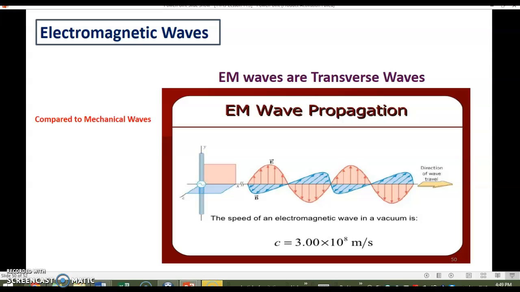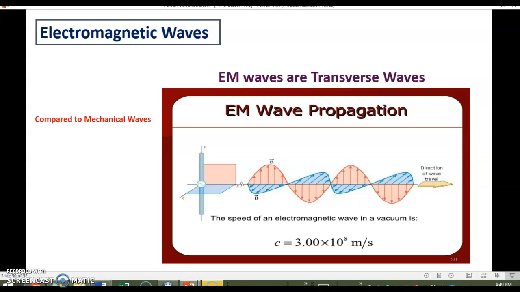Where did the magnetic field come from? Innate, a charged particle produces an electric field around it. But when this electric charged particle starts moving or vibrating, it also induces a magnetic field. So this is why the electromagnetic wave includes two parts, electric field and magnetic field.